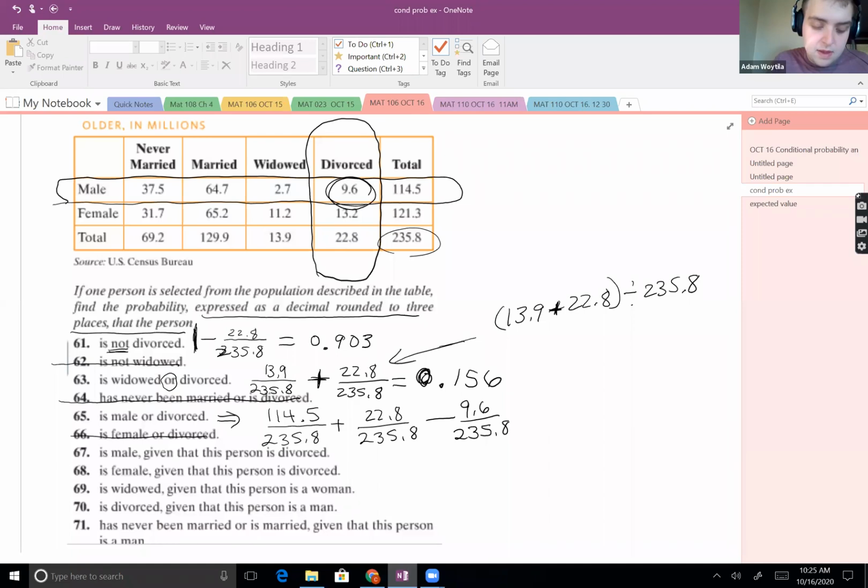We need to subtract. So I'm going to take that 114.4 plus the 22.8 minus the 9.6. And then I'm going to take that answer and divide it by 235.8.